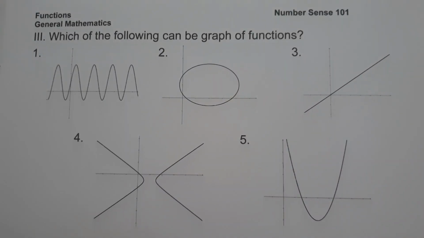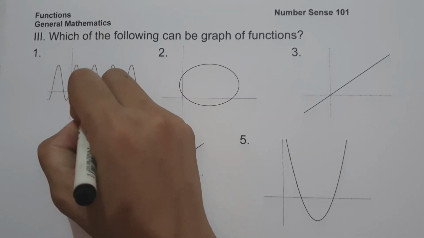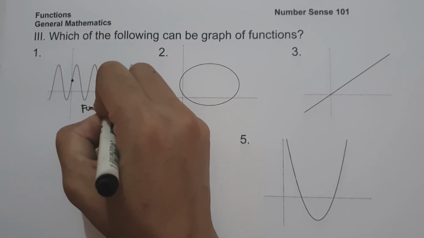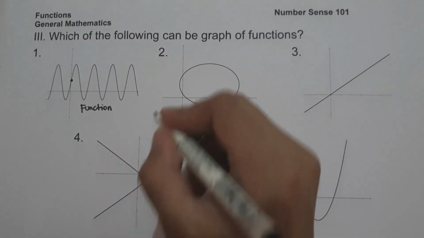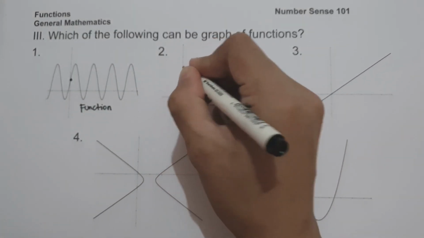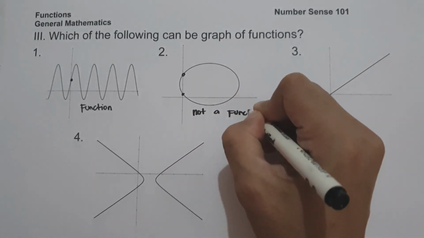On the third set of examples, which of the following can be graphs of functions? On number 1, since the given graph intersects the vertical line once, this one is a function. On number 2, it intersects the vertical line twice, that is 1, 2. So this one is not a function.